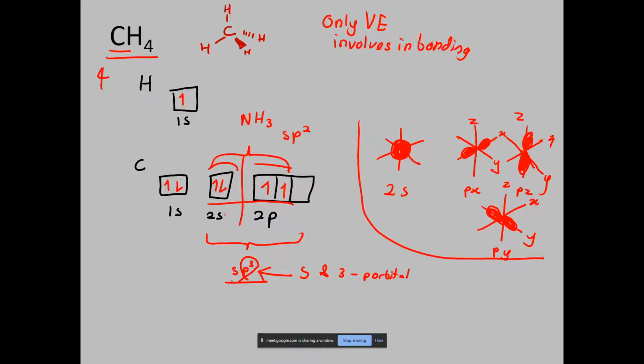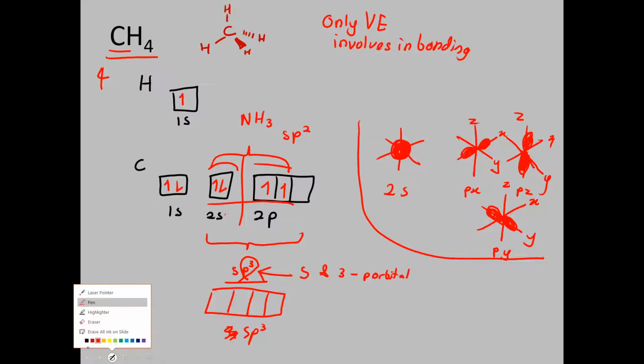when dia dah buat sp3, okay, sp3 akan jadi bentuk macam ni dia punya orbitals. Okay, remember dia ambil 3 kan, 1s, 3p. So this is sp3. So in this sp3, the electrons yang dalam ni dah bercampur semua, dia orang akan susun neatly like this.